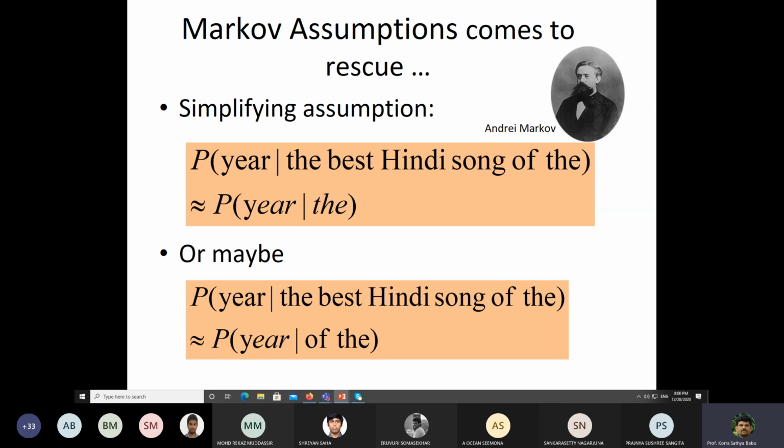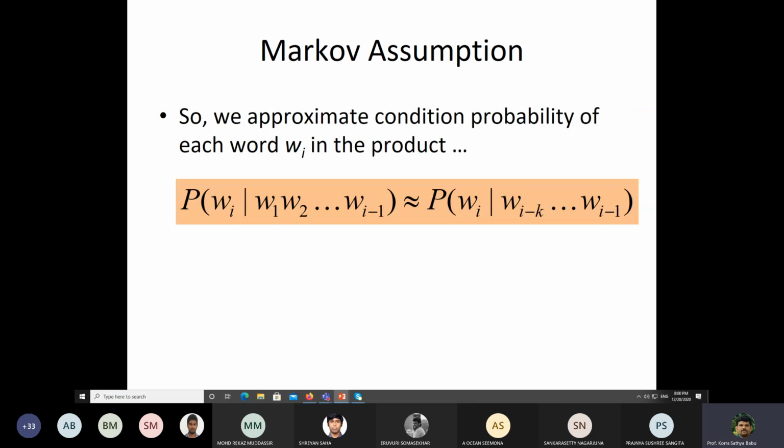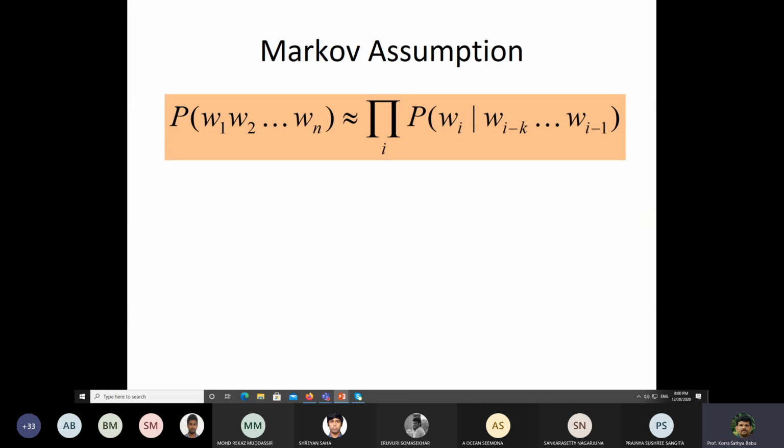Similarly, for the Markov assumption, probability of W1 followed by W2 followed by W3, like that up to Wn, is equivalent to the product of P of Wi given Wi minus K, up to Wi minus 1.